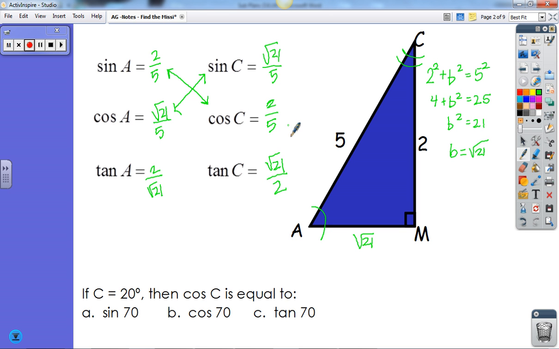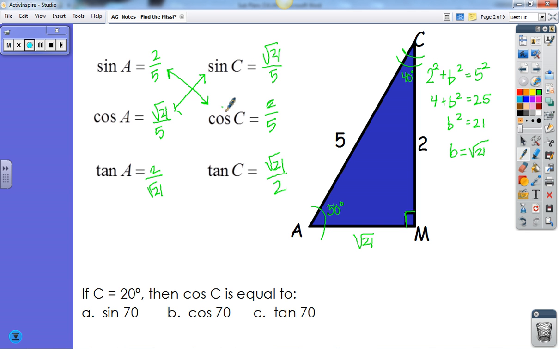Now, let's say that angle A is 50 degrees. Then automatically I know that this is going to be 40 because these two angles have to add up to 90. If this is a right angle, in my triangle I have 180 degrees, that means that the two left over have to be complementary. They have to add up to 90 degrees.